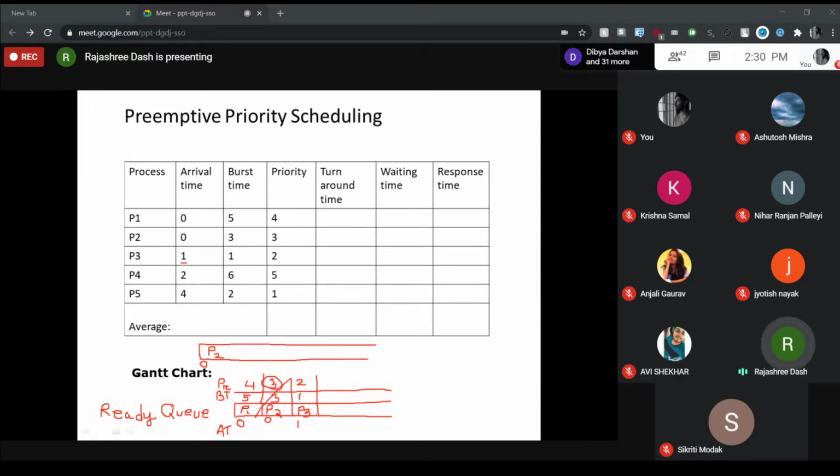The scheduler will compare the priority number of the new process, P3, which is 2, with the priority of the currently executing process. The currently executing process is P2, whose priority is 3. Among 2 and 3, which is the lower one? 2. That means among P2 and P3, which has higher priority?